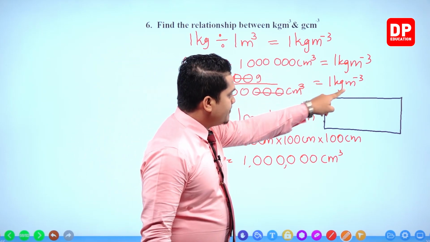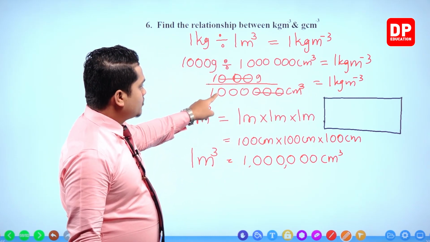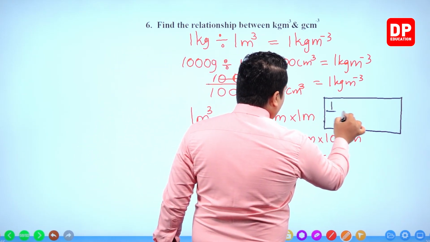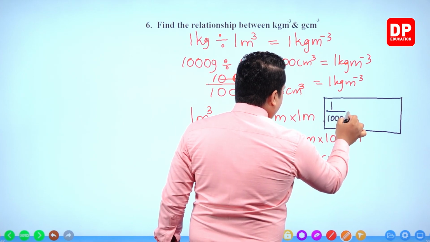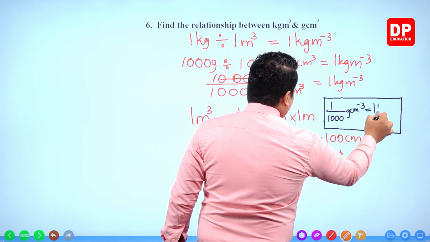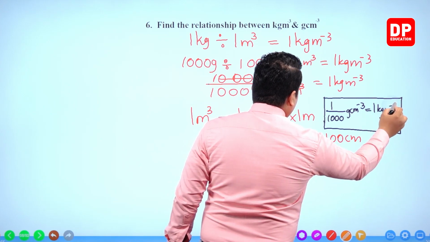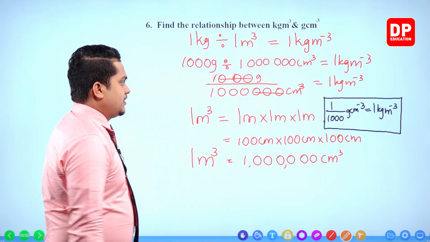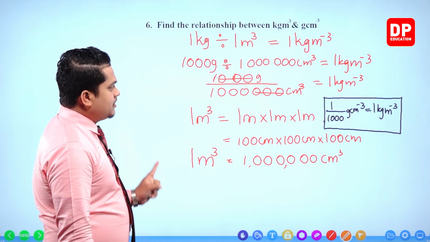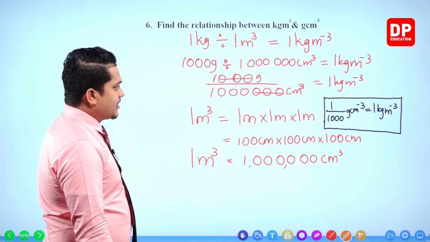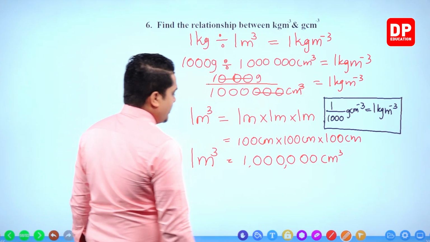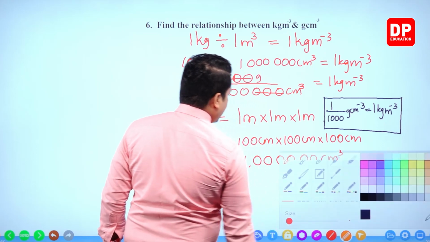So 1 kg m minus 3 is equal to 1 over 1000 g cm minus 3. So 1 over 1000 g cm minus 3 is equal to 1 kg m minus 3. The relationship between kilograms per cubic meter and grams per cubic centimeter. In simple, we can introduce this like this.